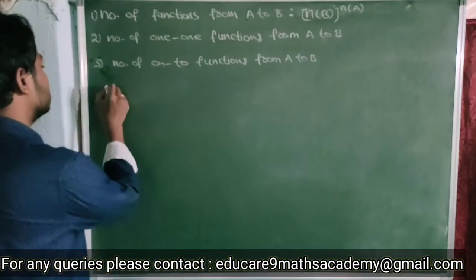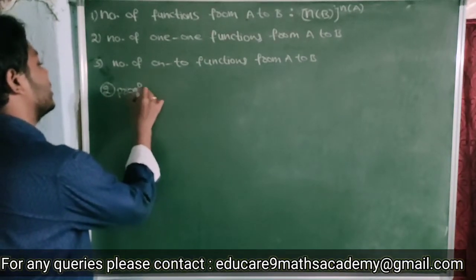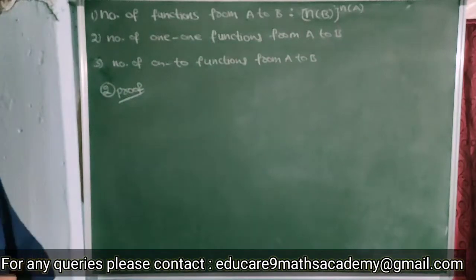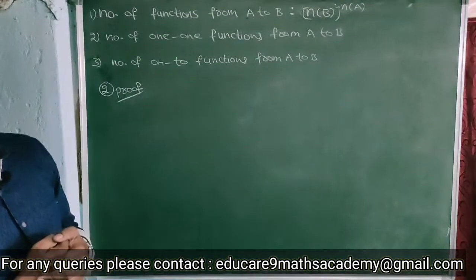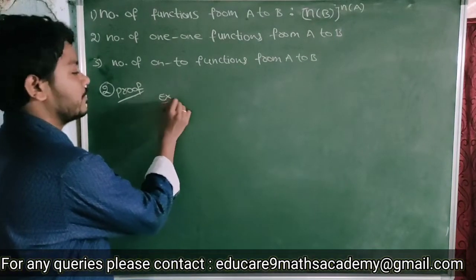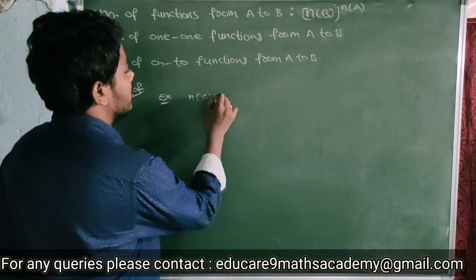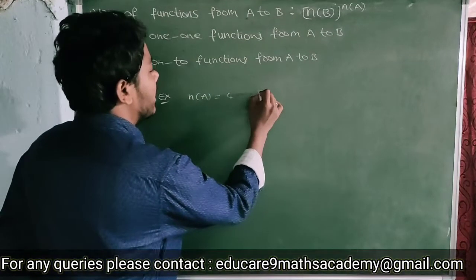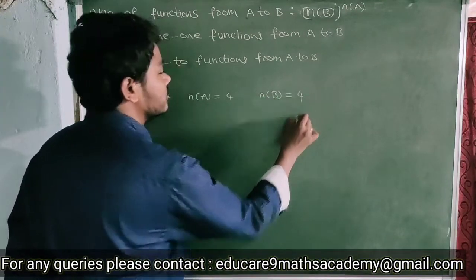Second one, proof of 2. Here the number of one-one functions from set A to set B. See here, for example, the number of elements in A is 4 and the number of elements in B is 4.